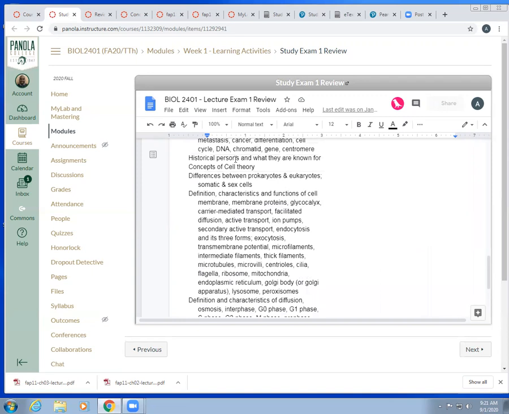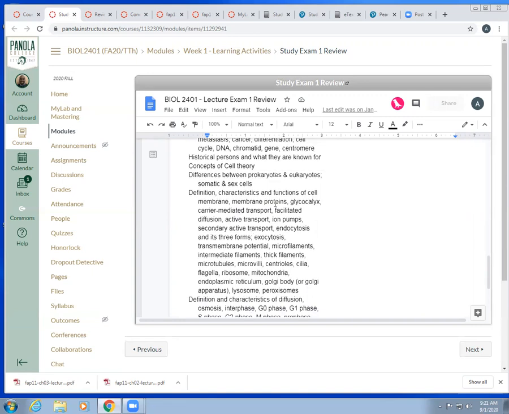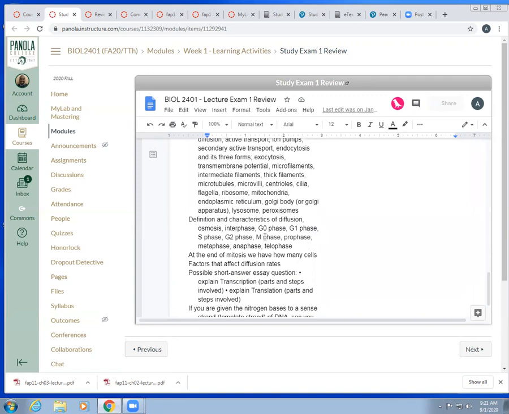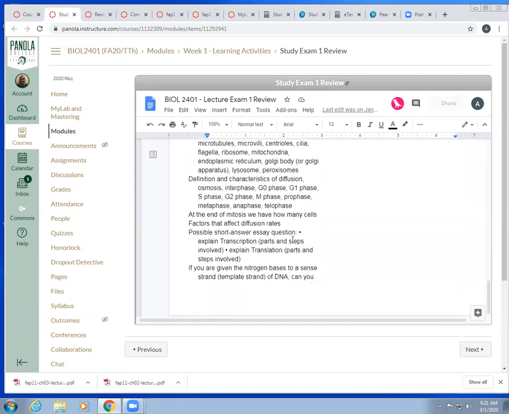That one makes a really good matching question for the exam. Characteristics of different parts of the cell, diffusion, phases of mitosis. You should know at the end of mitosis how many cells you're going to have based on how many you start with.